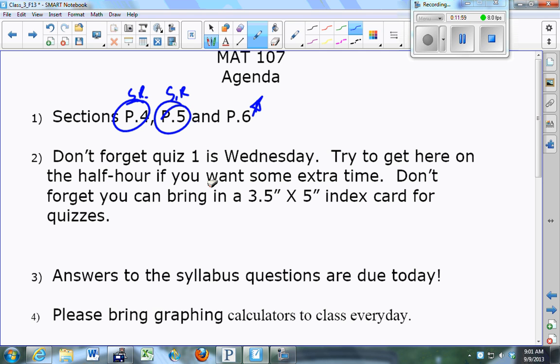Now, I tried to go into your homeworks last night, and those of you who didn't get 100% on class 1, I tried to make little helpful hints, and it came up as a little bubble on my end. Like, if you got A right but not B, or you were having a problem, I went in and gave you a little hint. So I don't know if some of you got those little messages or not.